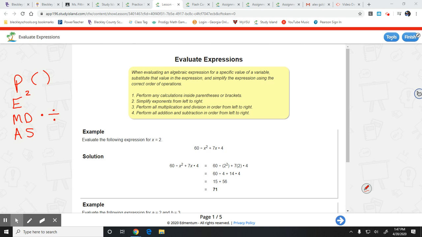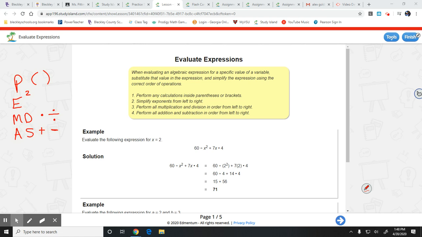Guess what A represents? That's right, addition, and the S represents subtraction. This is the order that we go in when we're solving an expression or an equation. You have to go in this order.